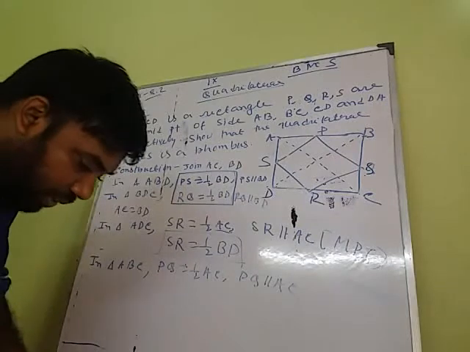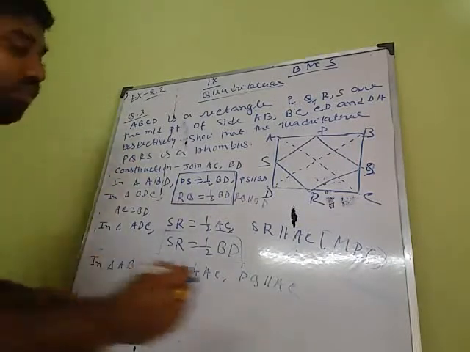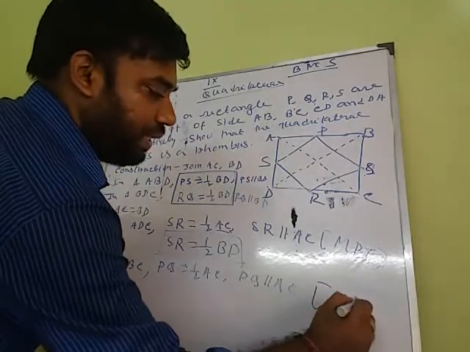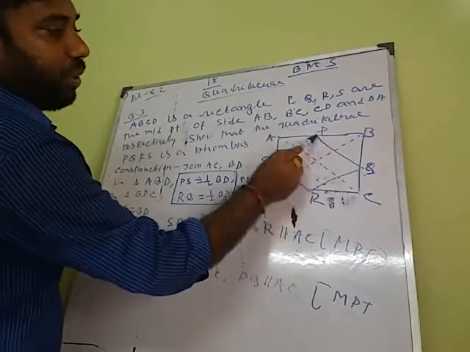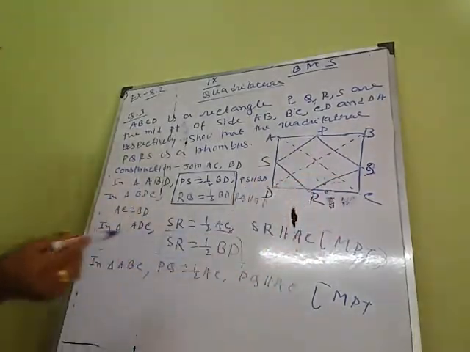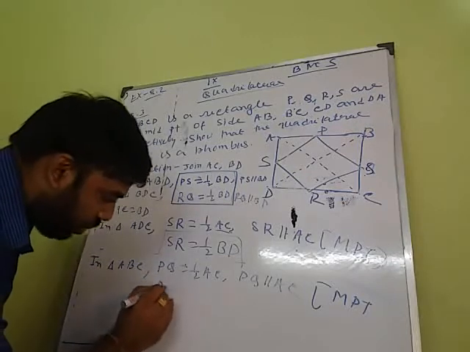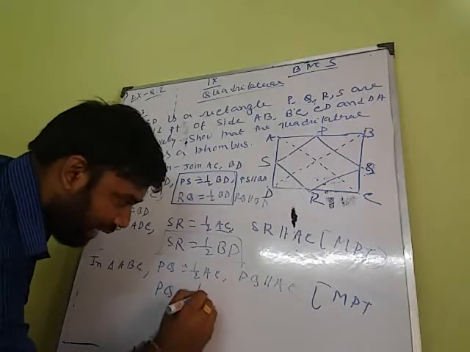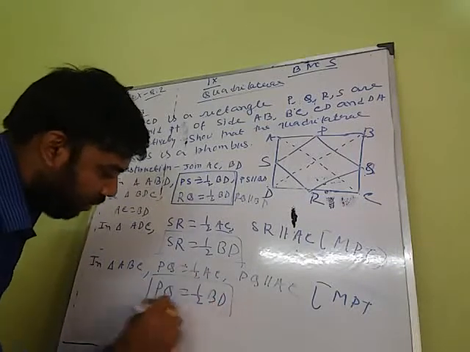But first of all, why are these two equal? By the midpoint theorem in triangle ABC, P and Q are the midpoints, and PQ parallel to AC and PQ equal to half of AC. In this case also, in place of AC you can write BD. So giving that equation also in a box.